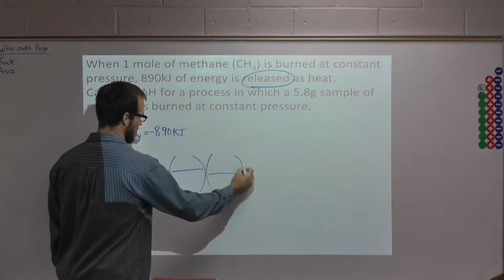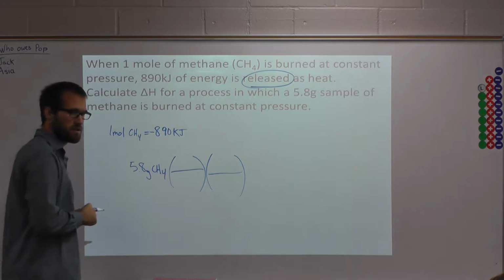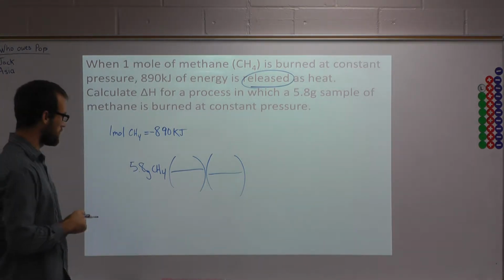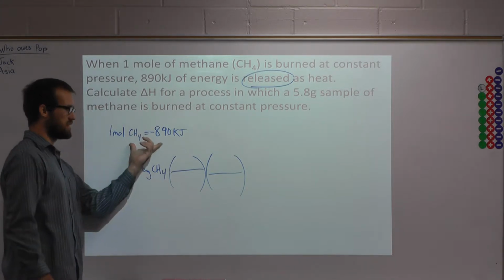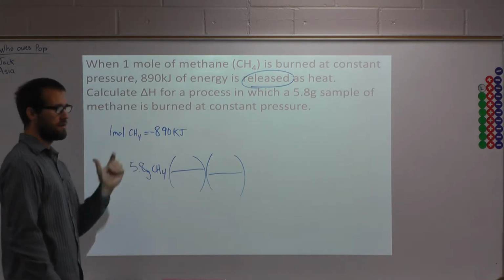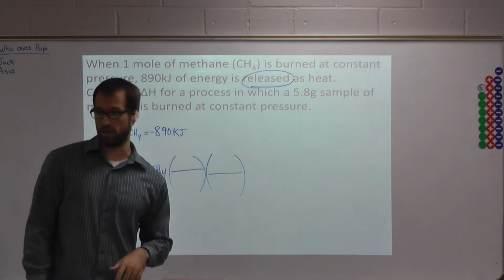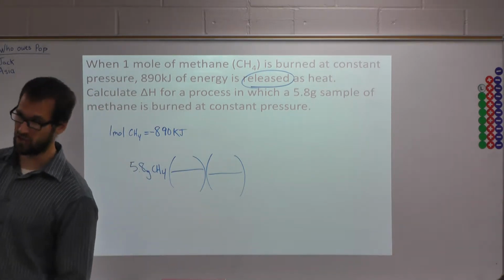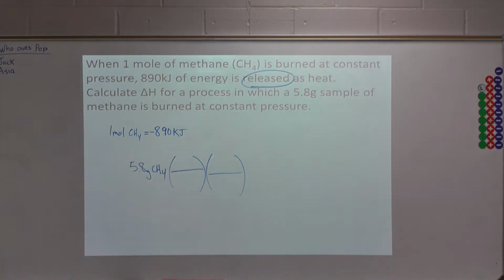And you use your unit conversion here to finish. So take that, convert to moles, and then use this as a conversion factor to figure out how much energy we released if I don't have a mole, because I'm assuming that 5.8 is short of a mole. Yeah, because it's 16.05 grams. So I'm guessing it'll probably be about a third of that.